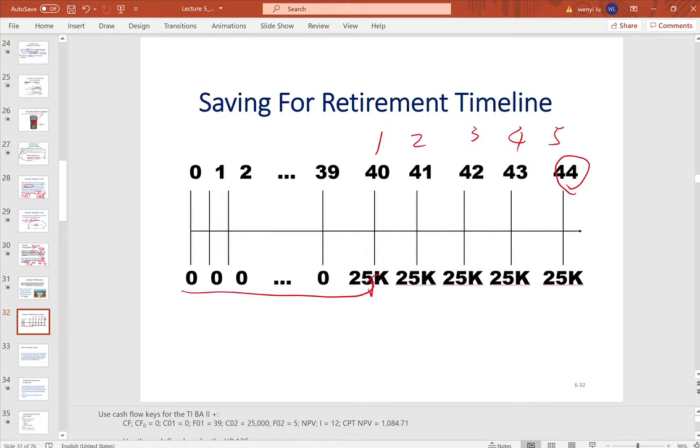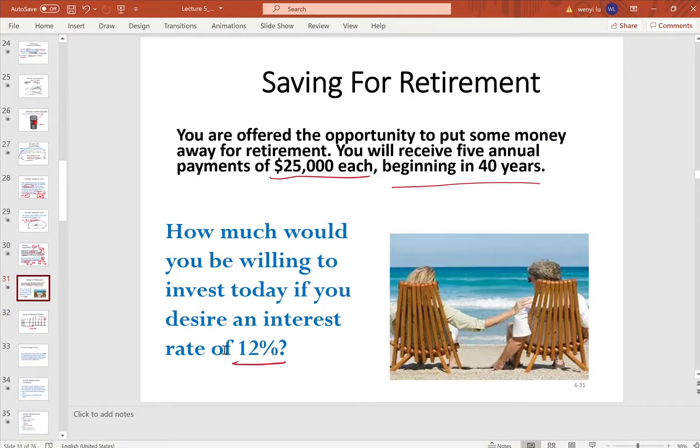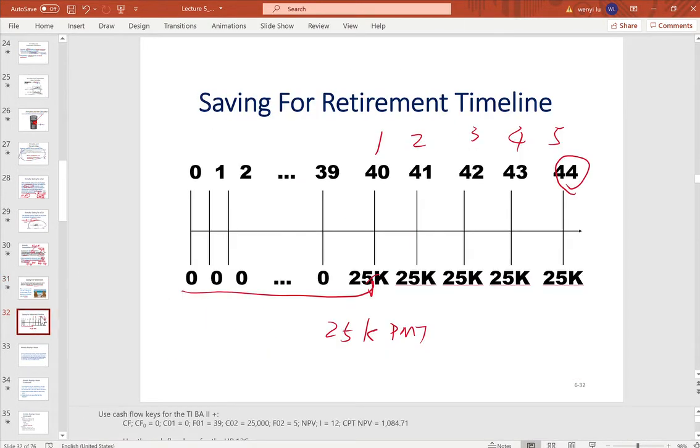Okay, let's move on. So we have the 25K for the 5 years. You can basically solve the PV of these equal payments, annuity payments. So 25K as PMT, and our interest rate in the question is 12%, for 5 years.